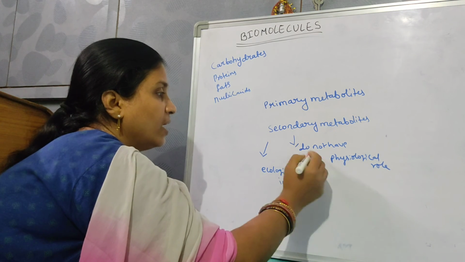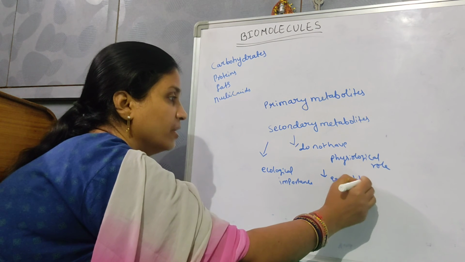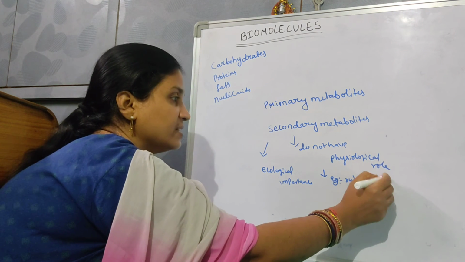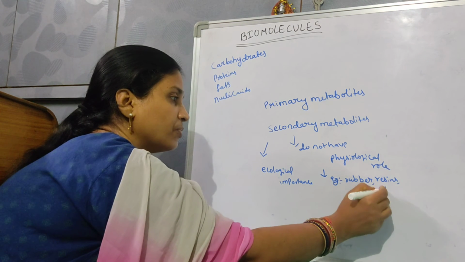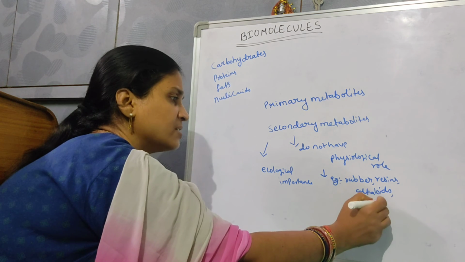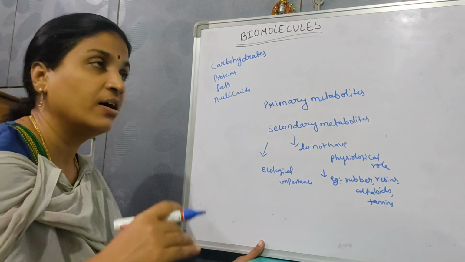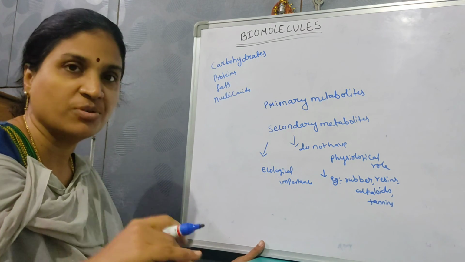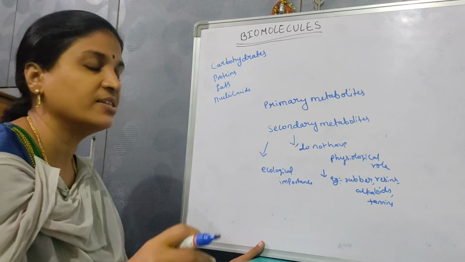Examples of secondary metabolites are rubber, resins, alkaloids, tannins. All these are secondary metabolites, formed as byproducts in the metabolism.